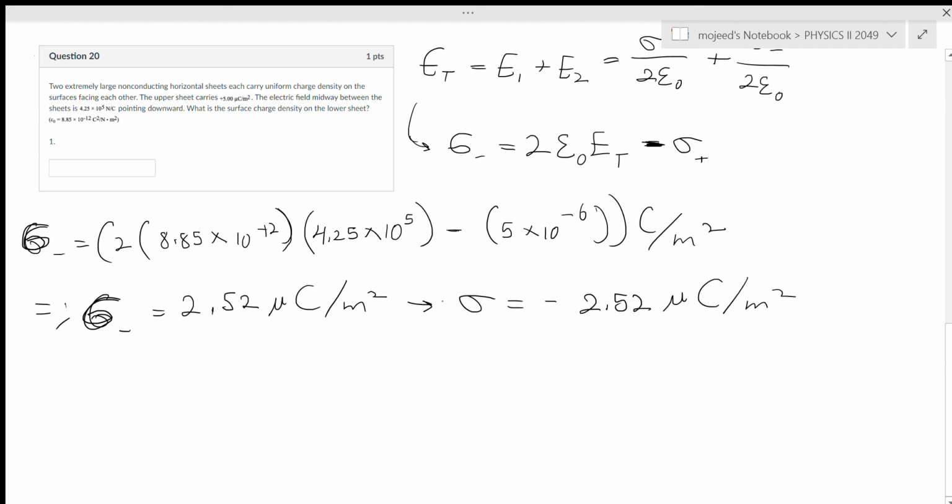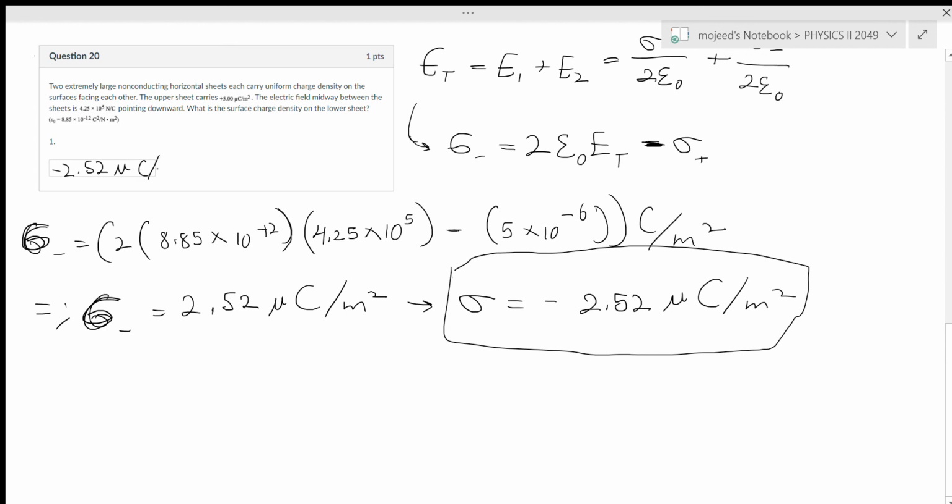And there you have it. This is the surface charge density on the lower sheet. So we have negative 2.52. And there we go. Hope you enjoy.